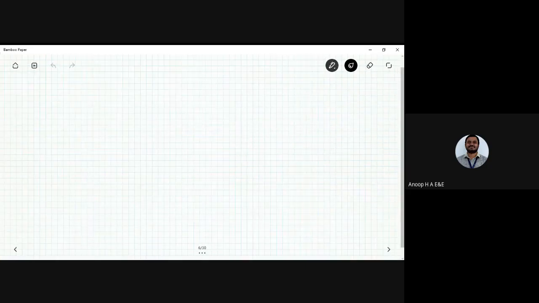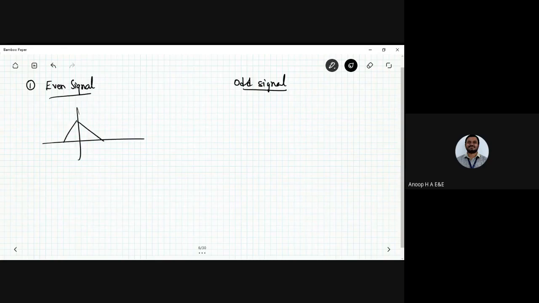So next, what you are going to observe here. If you could remember even signal and odd signal. So let me take an example of even signal. So simple even signal there. That is x of t. This is having a magnitude 1.